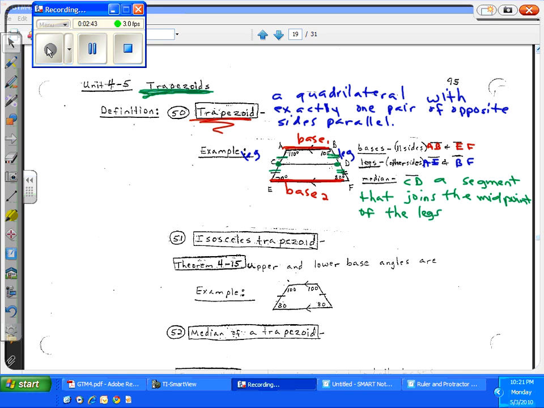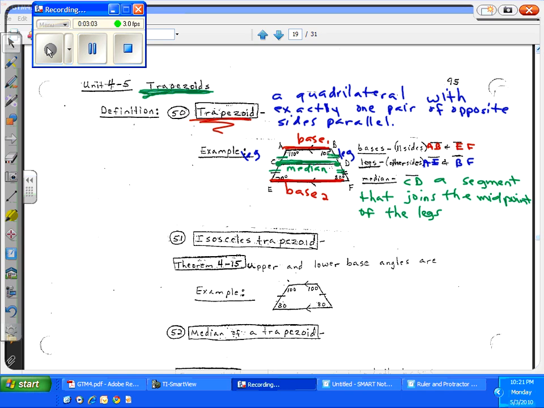I probably should say the segment because it's not a segment, it's the segment. There's just one. The segment that joins the midpoint of the legs of the trapezoid is called the median of the trapezoid.